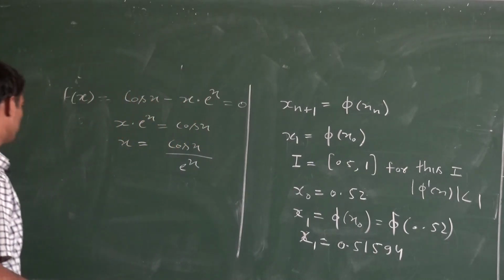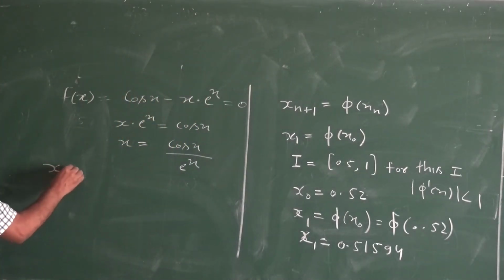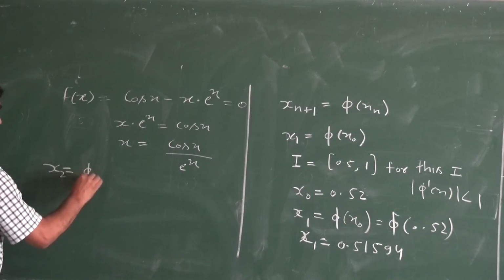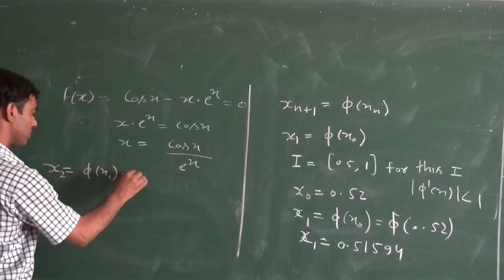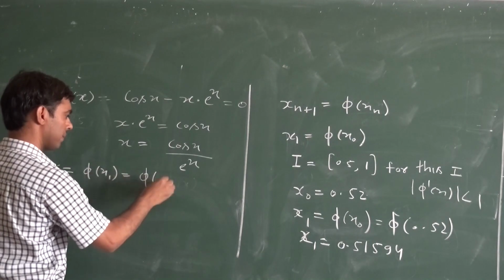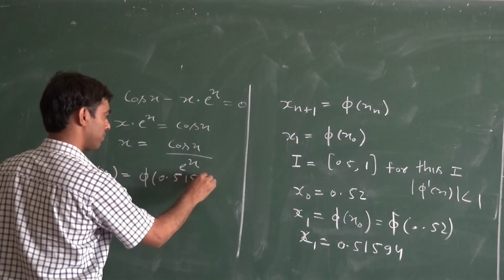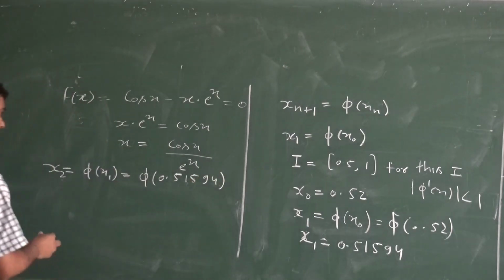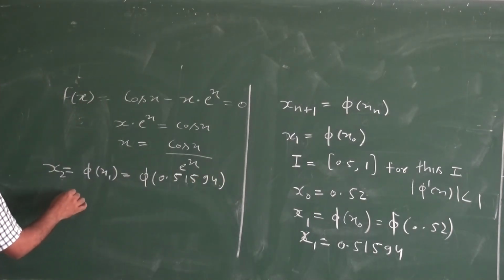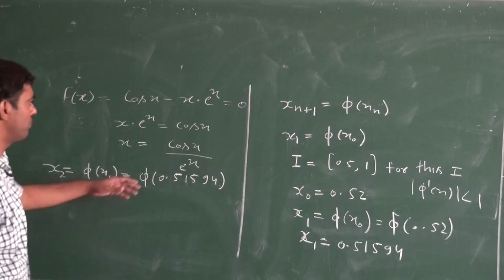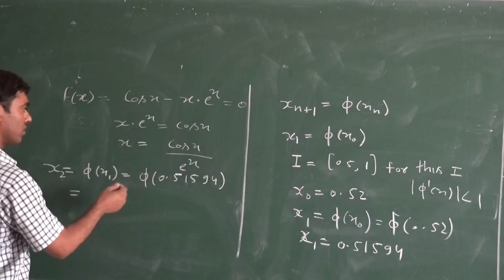Now what is the value for x2? x2 equals φ(x1), which is about 0.51594.